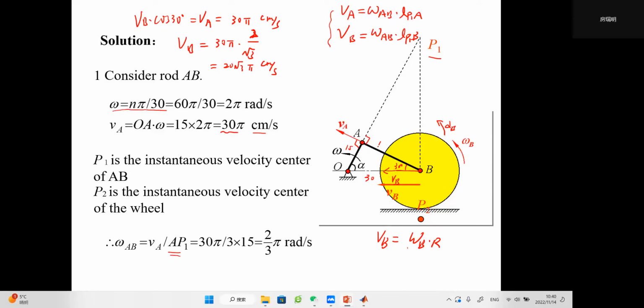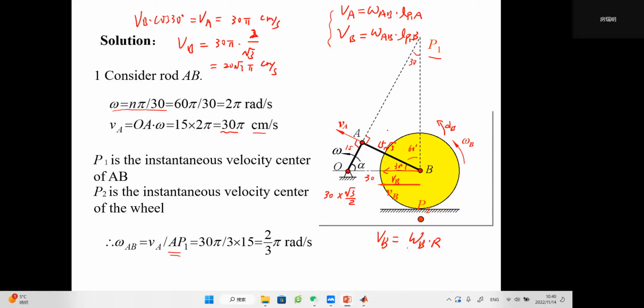So here will be 15 times square root 3, right? Because we have 30 times cosine 30, which is square root 3 over 2. So here will be 15 times square root 3. And here is another right triangle. Because this dashed line is perpendicular to the horizontal line, here will be another 60, and here will be 30.